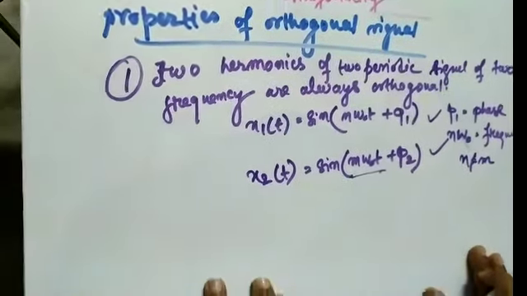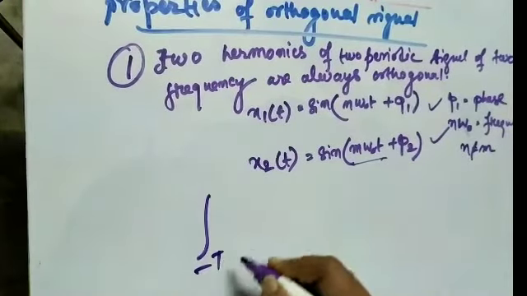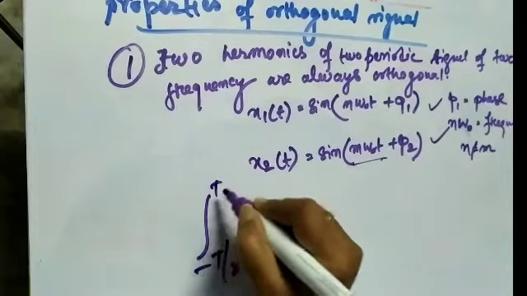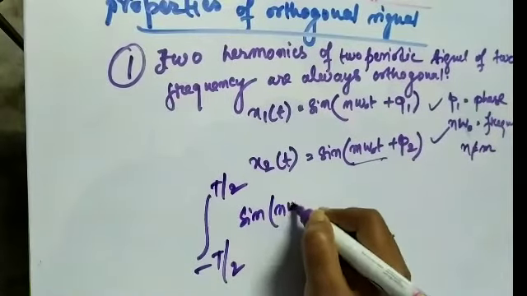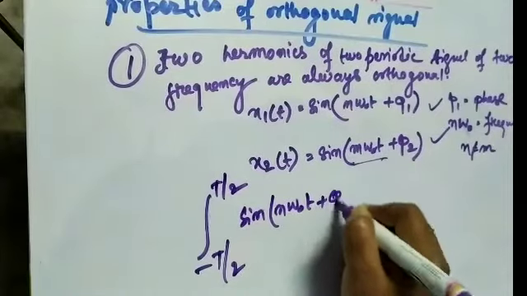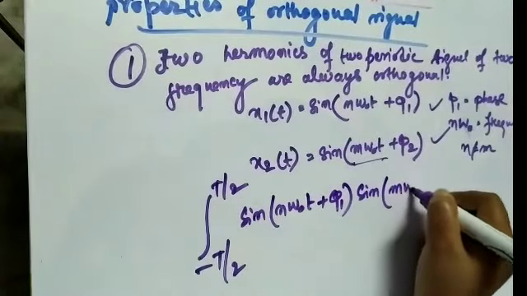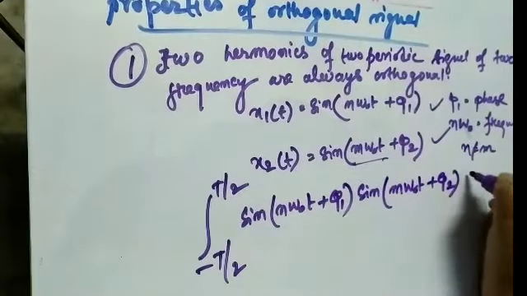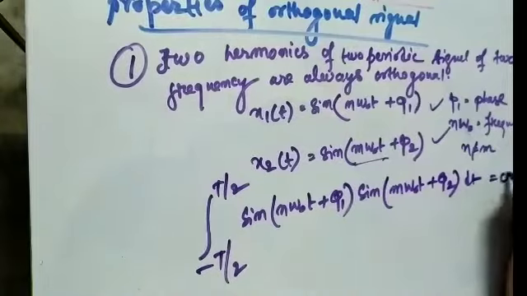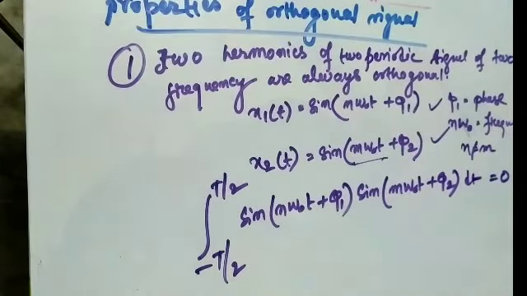Again, I am mathematically representing this condition: the integral over this time period of sin(n ω0 t + φ1) times sin(m ω0 t + φ2) dt is equal to 0 for orthogonal signals.